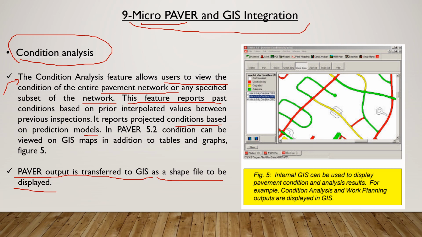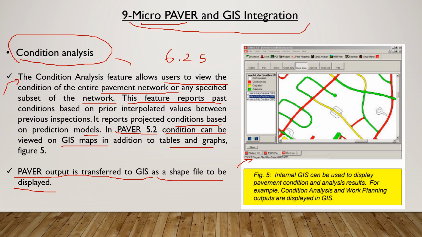In PAVER 5.2, our edition, however, right now there is another edition, 6.2.5. It also has this condition analysis. In PAVER 5.2, condition can be viewed on GIS maps in addition to tables and graphs, as you can see here in figure 5.